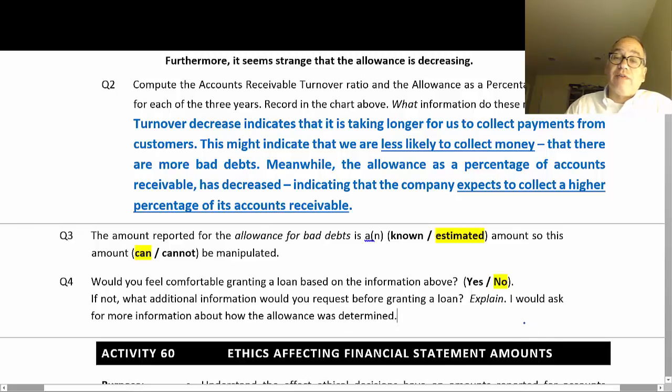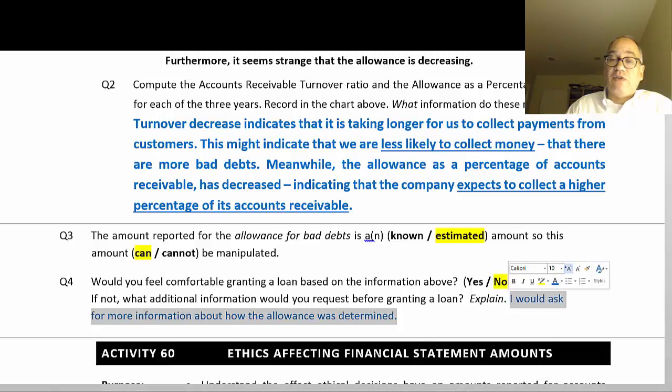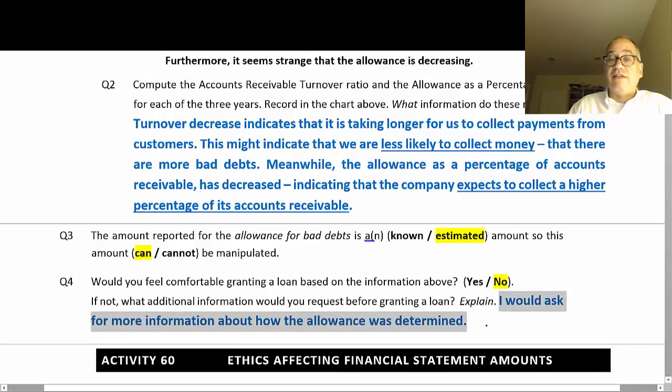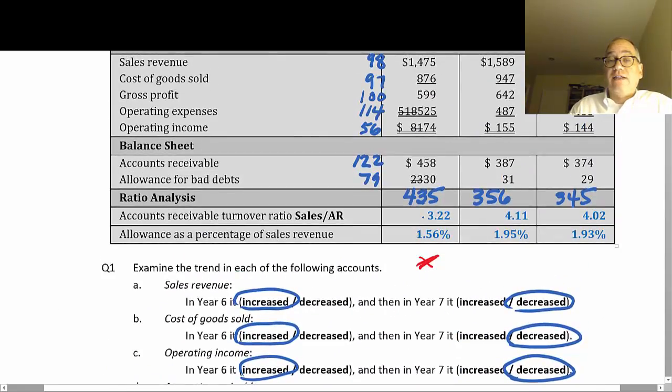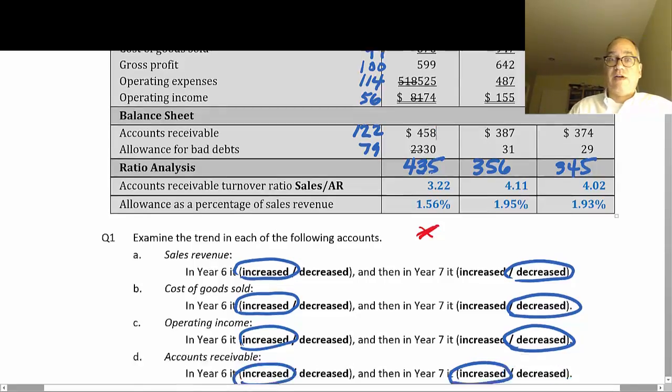It's very possible that there are good reasons for all of these things happening, and we don't need to assume that the company is just trying to lie to the bank. But what we'd want to do is find out what happened here. Why exactly is the allowance decreasing to 23 while turnover and sales decrease and accounts receivable increases? Why are these trends happening? I would expect all these numbers to move together and they're moving in opposite directions.